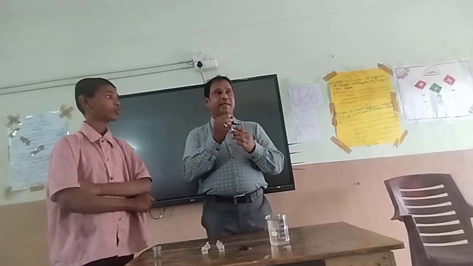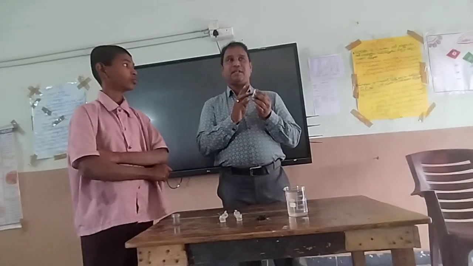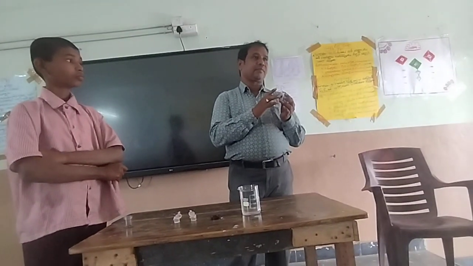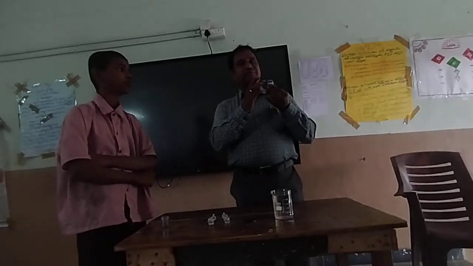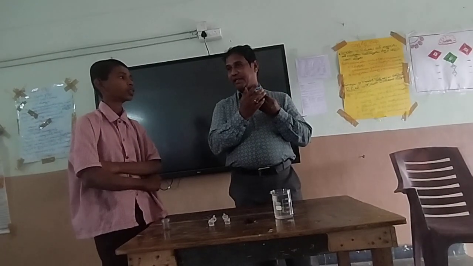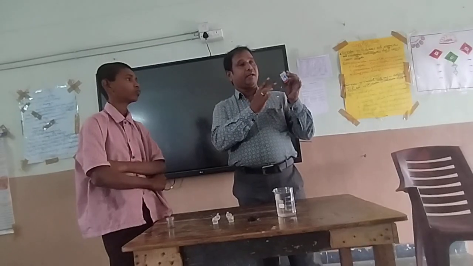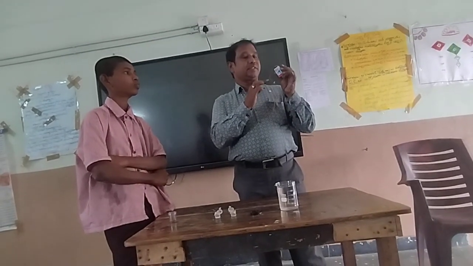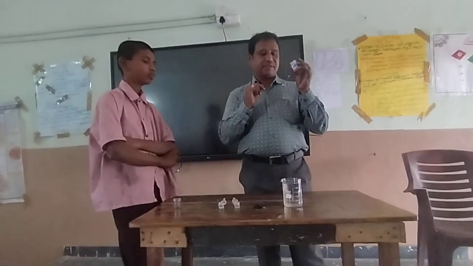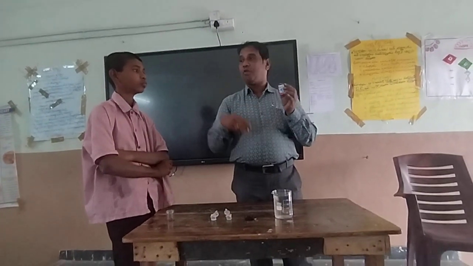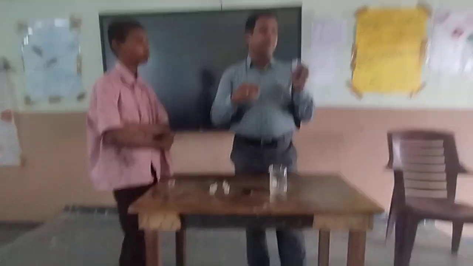Using this simple topic, we know the source of electricity: the battery acts as a source, and there are two terminals, positive and negative. We are understanding the concept of series connection of the bulbs, and we understood the open circuit and closed circuit.